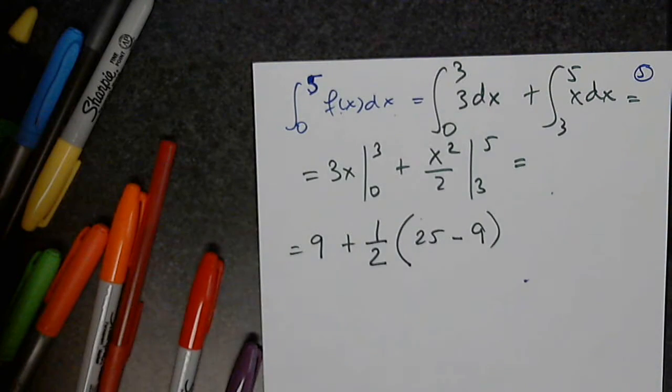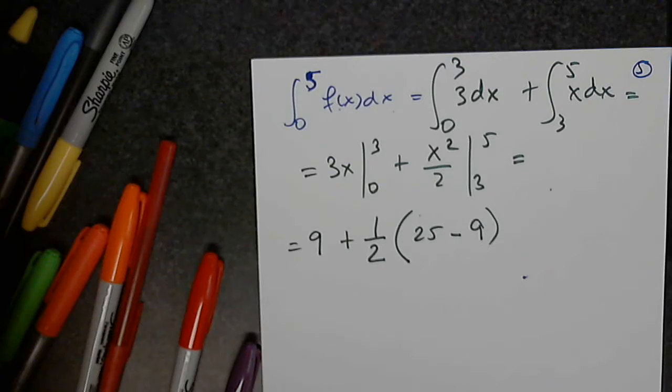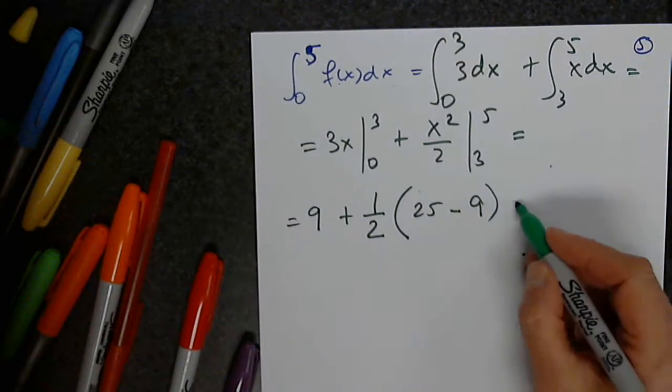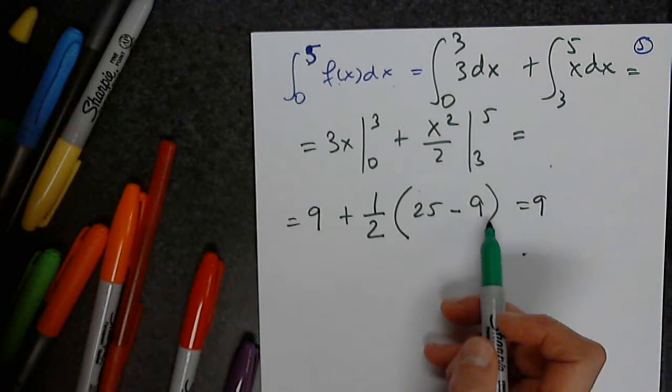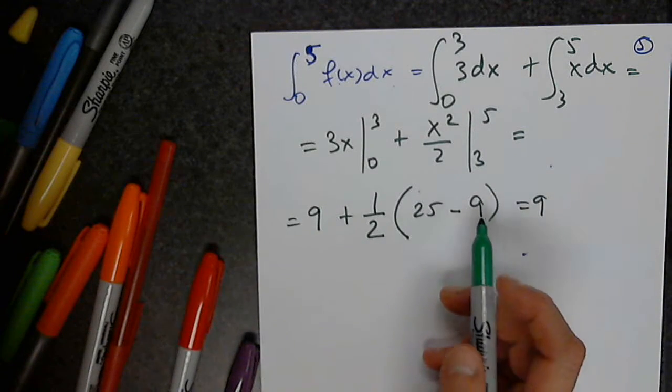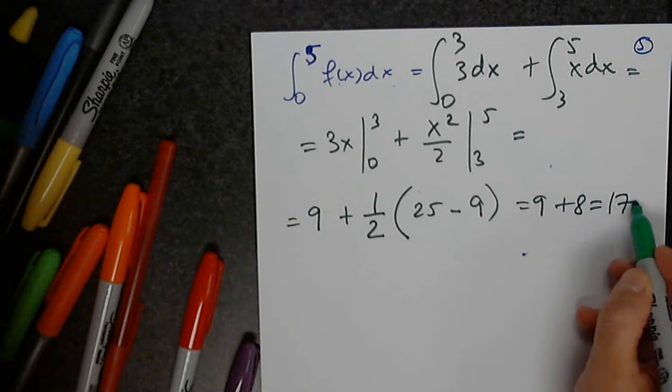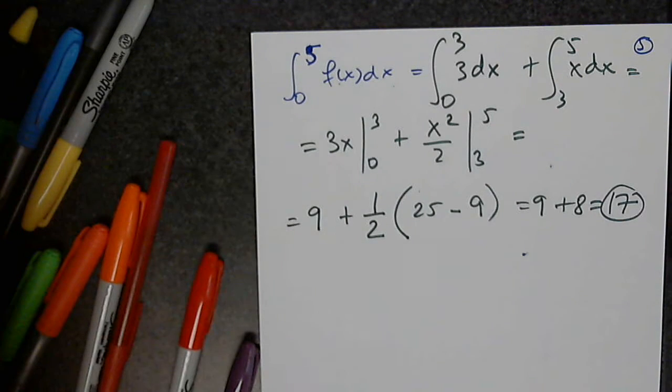You can deal with the constant later. It's easier if you subtract and then deal with 1/2. 25 minus 9 is 16. 16 divided by 2 is 8. So the answer is 17. Any questions?